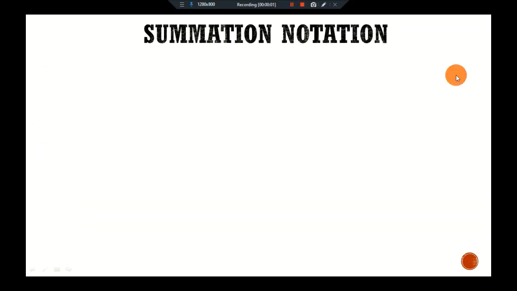Now the last topic of our today's discussion. Sometimes mathematical notations help express a mathematical relationship concisely. This section describes the summation notation that is used to denote the sum of values.